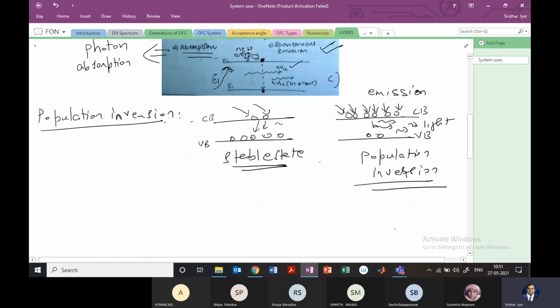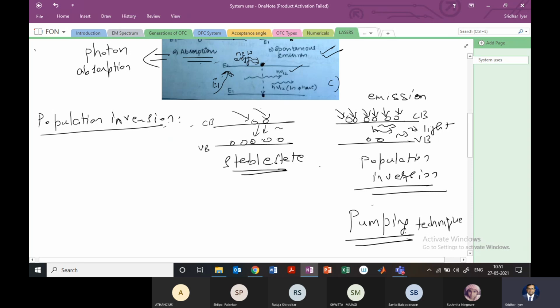So for this population inversion to occur, we need to have some technique by which majority of these carriers or electrons will move into the conduction band, and that process is known as pumping. Some sources also call it external pumping, but it is understood that it is external, right? So we use various pumping techniques to ensure that this population inversion occurs.